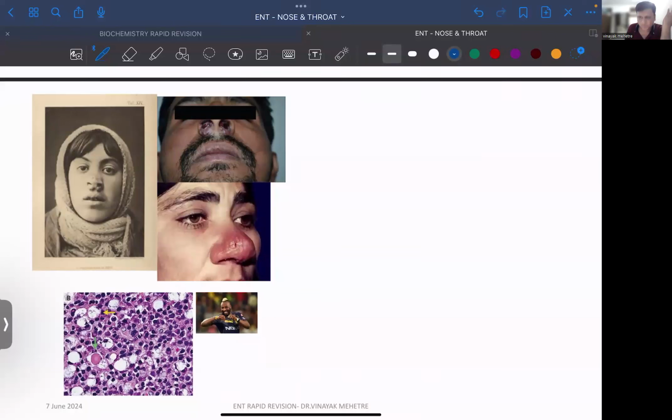Patient is from UP and Bihar. Answer will be woody nose. Okay, caused by Klebsiella rhinoscleromatis.